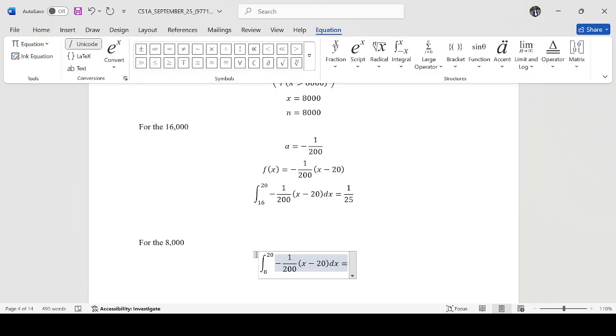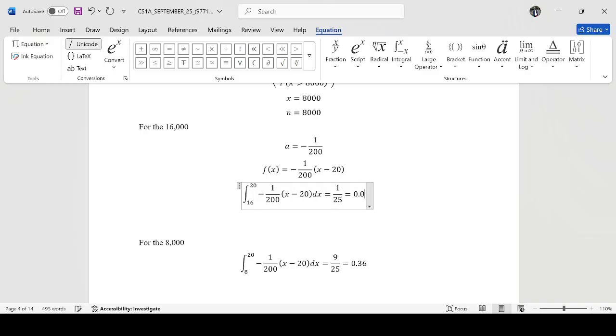I'll just replace 16 with 8, and on my calculator I'm getting 9 over 25. You can convert it into decimal for proper division. This one is 0.36, and 1 over 25 is 0.04.